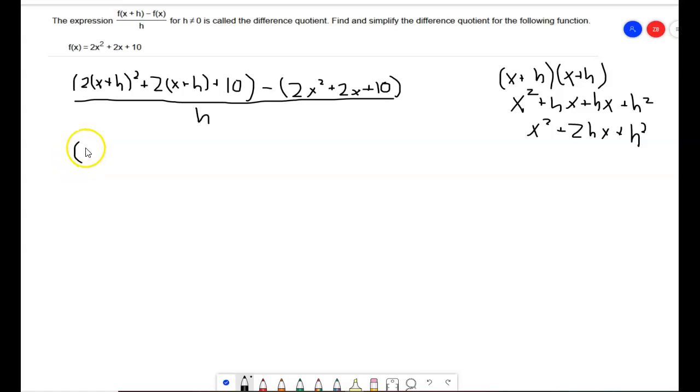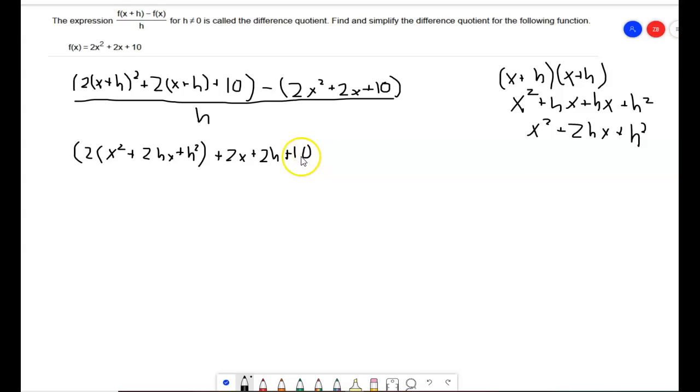So I'm going to have the 2 there, and then this FOILed thing, x squared plus 2hx plus h squared. Plus I'm going to distribute the 2 to the x and the h, so plus 2x plus 2h plus 10.